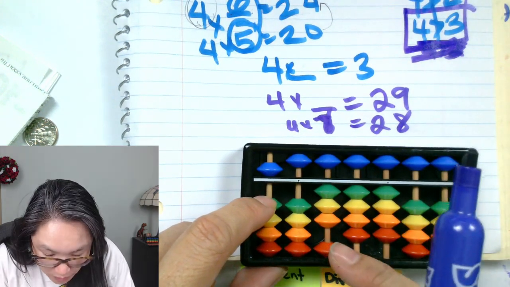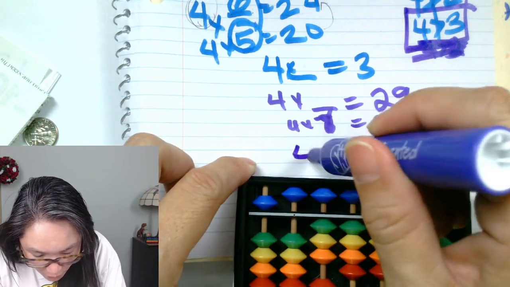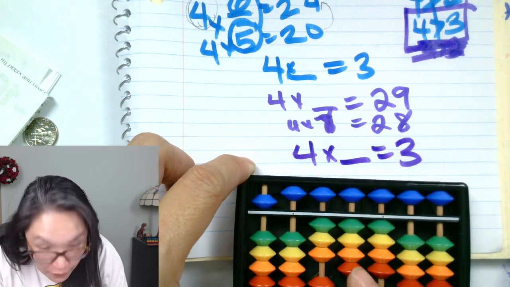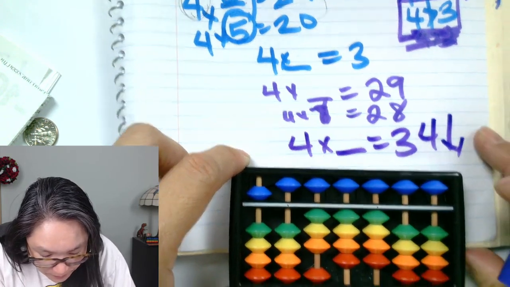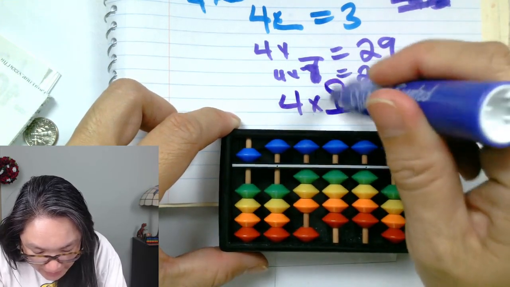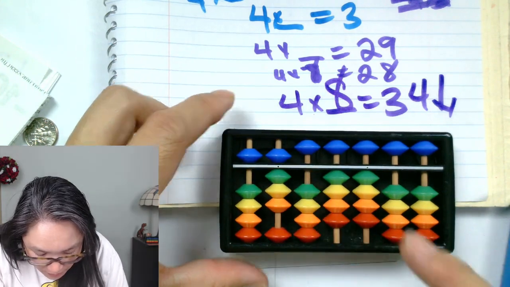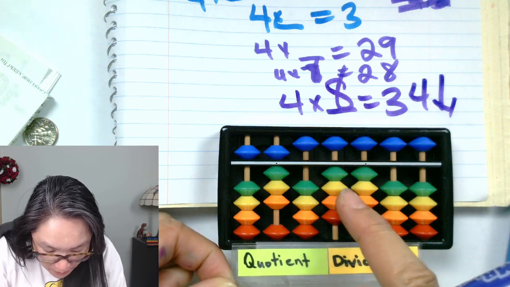34. So 4 times what is equal to 34 or less? 4 times 8. So I add my 8, take away 30, and then take away 2.